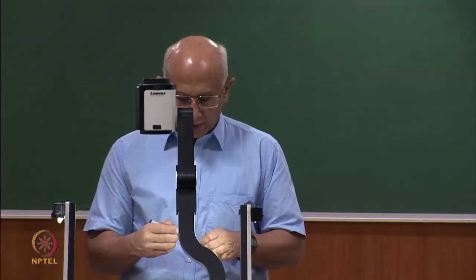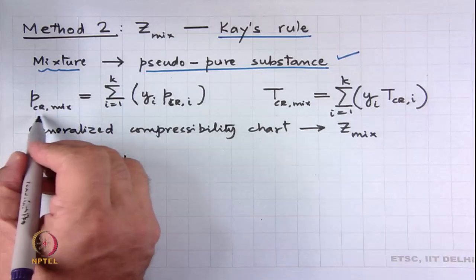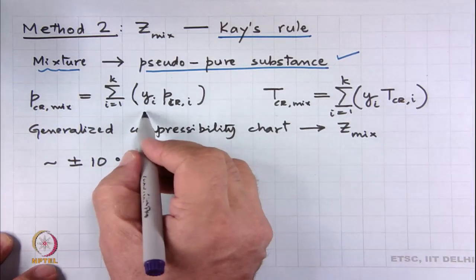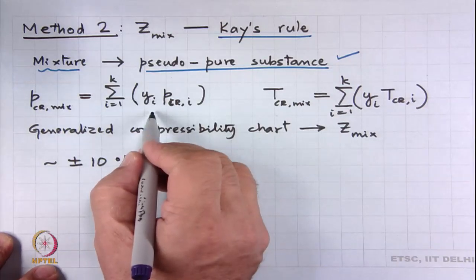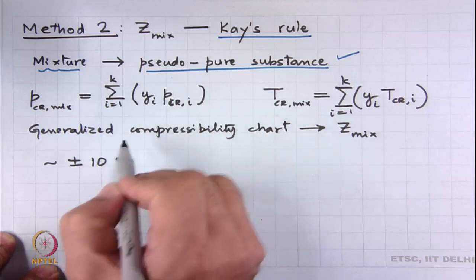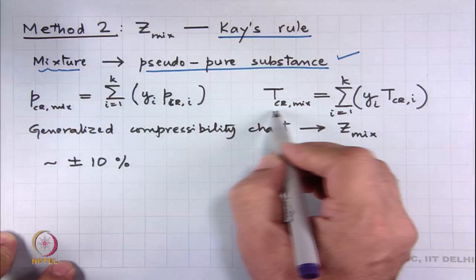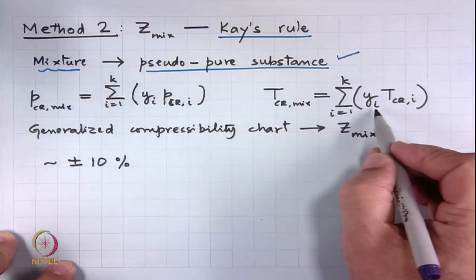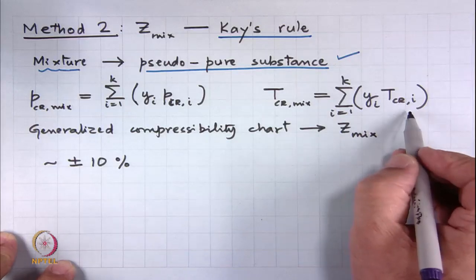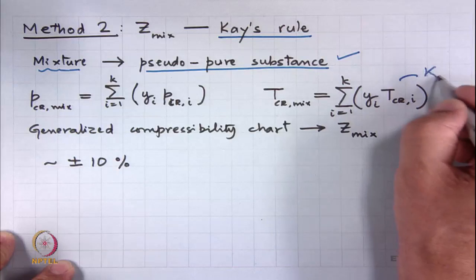So, what we do in that case is that we then say that the critical pressure of the mixture is weighted by the molar fractions of the mixture multiplied by the critical pressure of the individual components. Similarly, the critical temperature of the mixture can be obtained by the weighted product of the molar fraction and the critical temperature of the individual species. Remember, this is all in Kelvin.